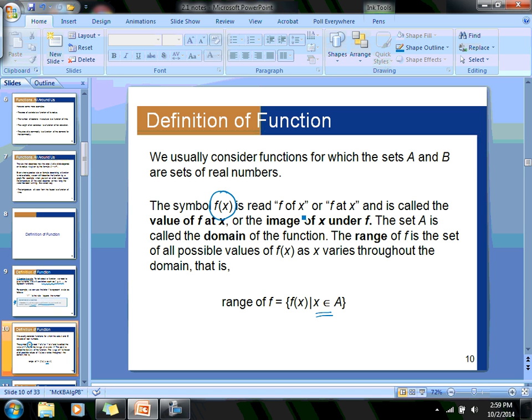We don't say f times x or f parentheses x. It's written with the x in parentheses, but that tells you what quantity you're putting into the function. So it's not really multiplication, it's a function notation. And whatever value is in that parentheses after the f that stands for the function, that tells you what you're substituting into the function for the variable.